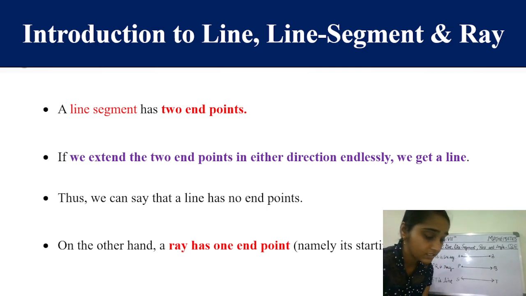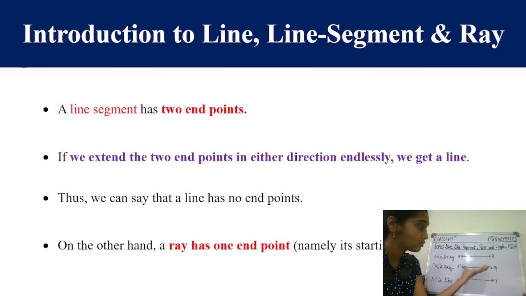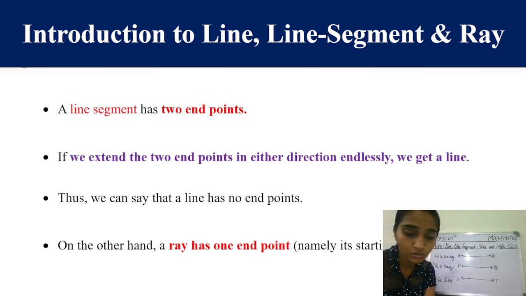And we have discussed how a ray has one endpoint, namely its starting point. This is the starting point of the ray, and it has only one endpoint because on the other side it goes endlessly. Very good, students. So now let's move ahead.